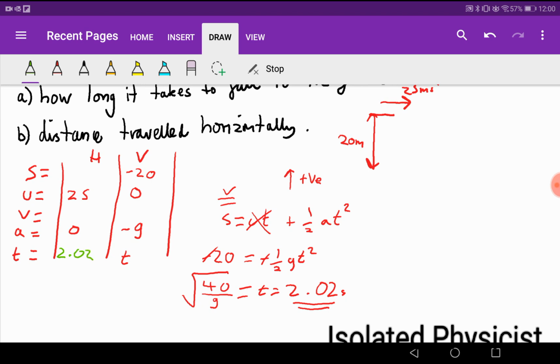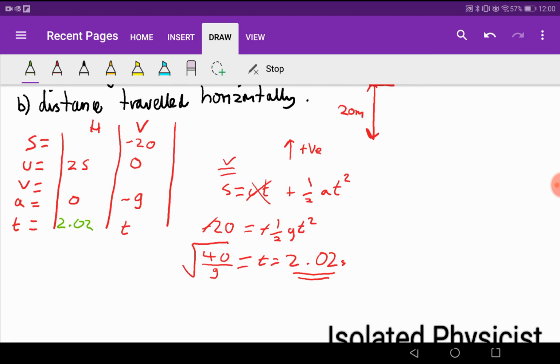Now it's not exactly 2.02, so I'm going to keep the answer in my calculator and then use it as an exact value to find the distance travelled horizontally. Now we want to find s horizontally. What can we do here? Well, we know there's no acceleration, so u is equal to v.